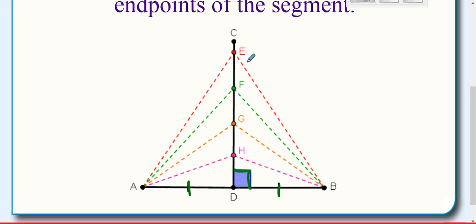No matter what point you pick, if you pick H or G or F or E or even C, they're going to be the same distance. You're always going to get an isosceles triangle this way. If you pick this one, those are going to be the same distance. If you pick this one, those will be the same distance, the same lengths. Or even if you did this one, those sides will be the same length.